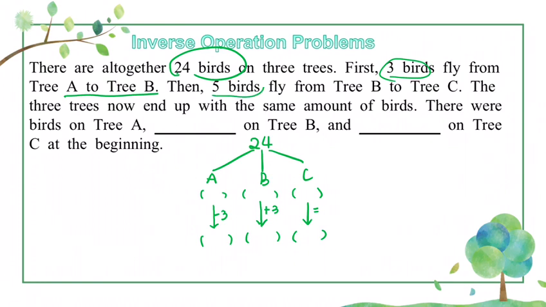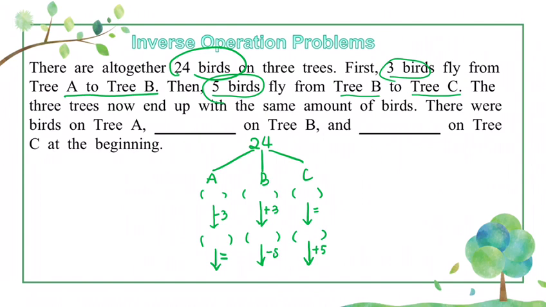And then 5 birds fly away from tree B to tree C. So the number of birds on tree B will increase or decrease, everybody? Yes, it will decrease, because they fly away from B to C. So the number of birds on tree C will increase by 5. How about tree A? Just keep still.